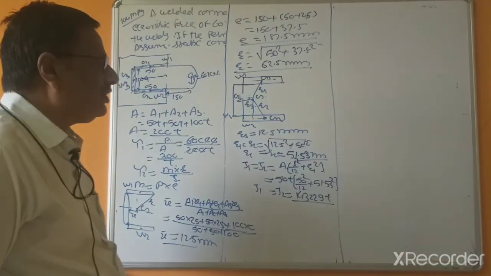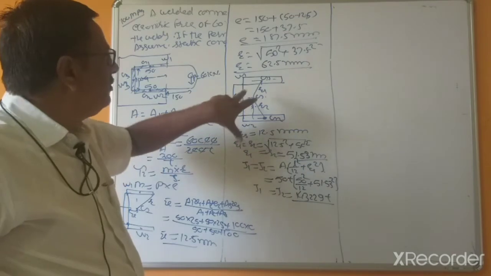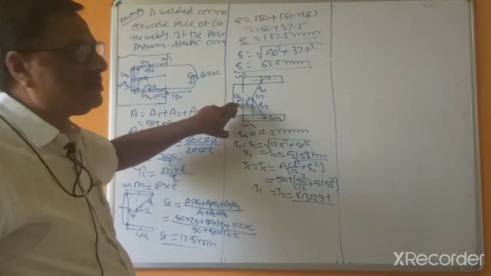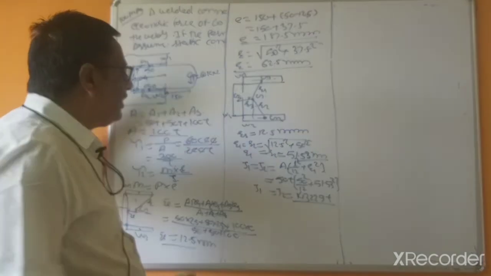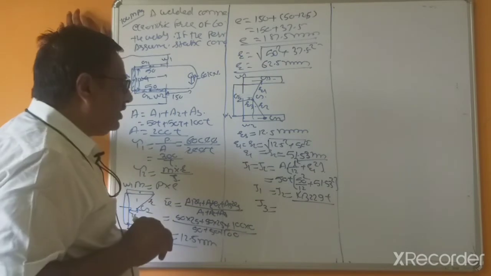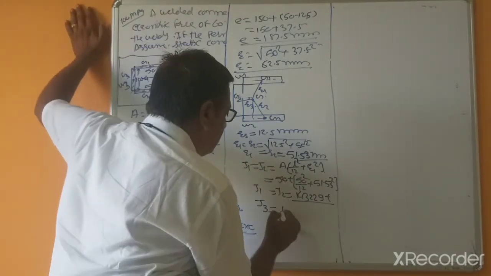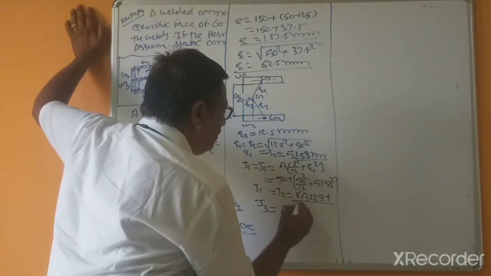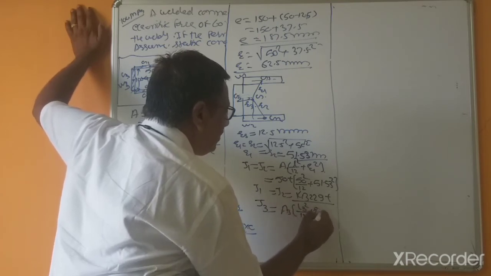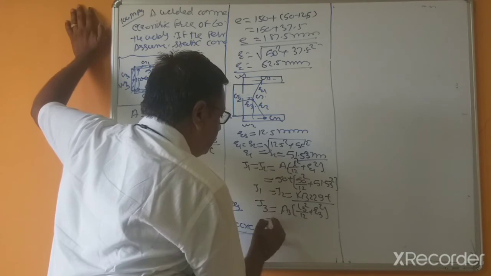Similarly for J3 also. Here in the first case, IXX cancels. In the second case, IYY will get cancelled. So that's why IYY is neglected. So J3 equal to A3 into L3 squared divided by 12 plus R3 squared.